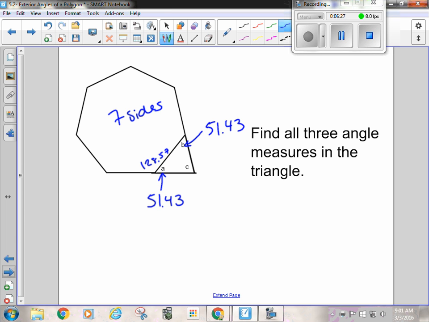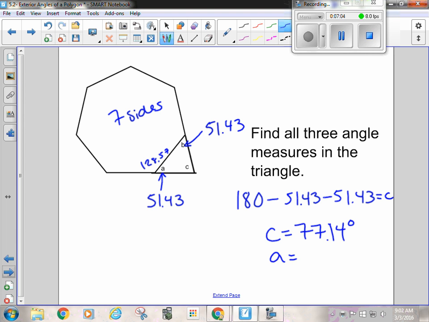And now I have a triangle, and I know that the 3 angles in a triangle need to add up to 180. So I'm going to take 180 minus 51.43 minus 51.43, and I'm going to find my angle C. Okay, and I find C equals 77.14 degrees.